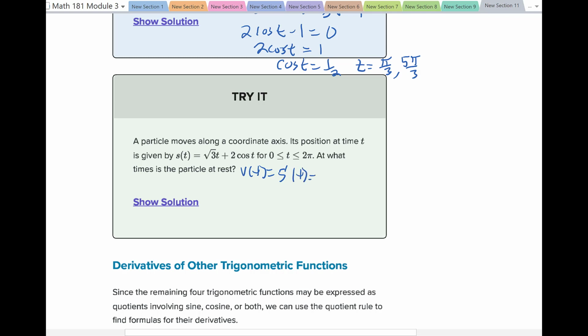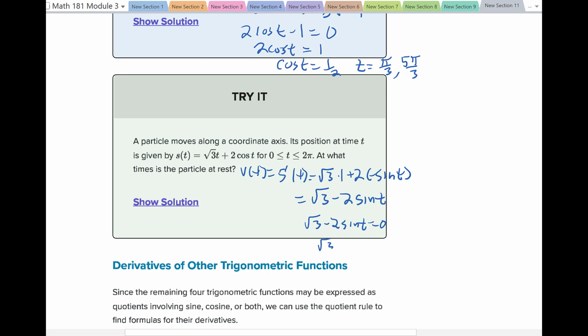The square root of 3 is a coefficient, so it's just square root of 3 times 1, and then plus 2, and the derivative of cosine t is negative sine t. So we have the square root of 3 minus 2 sine t. We take that and set it equal to 0.